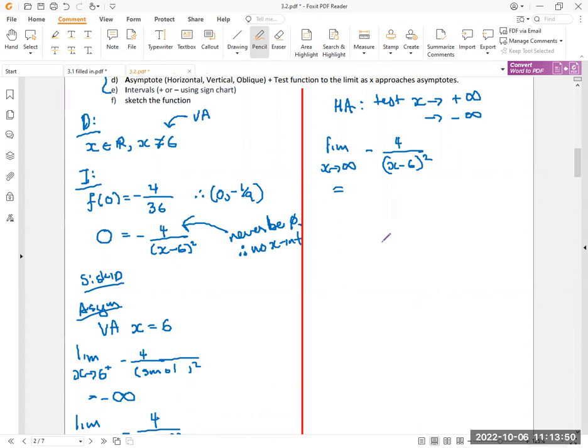Okay, so that's interesting. So we've got negative 4 over infinity minus 6. Infinity minus 6 is literally removing a drop from the bucket of water, right? That's nothing. So this is still infinity squared, which obviously is still infinity. Negative 4 over infinity, it's basically approaching what number? 0.